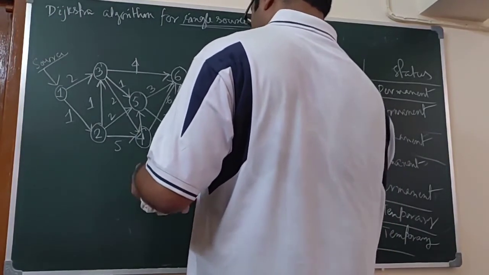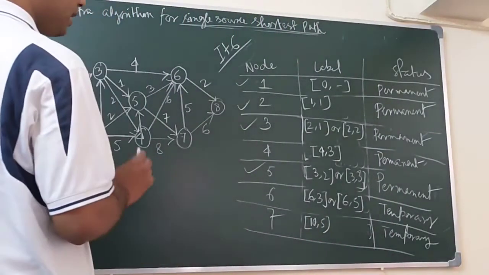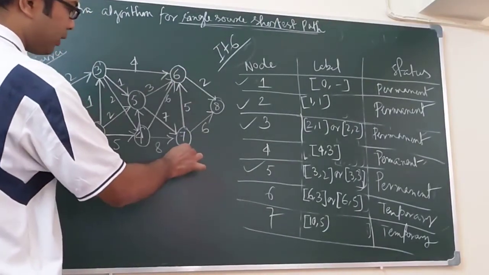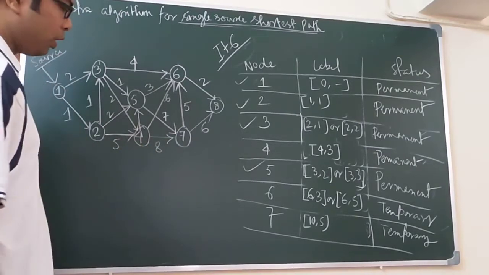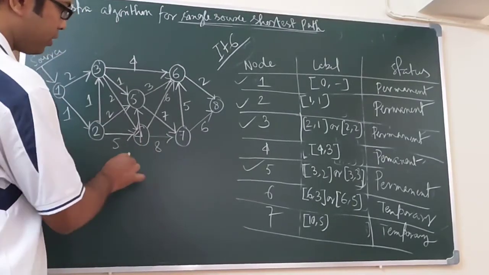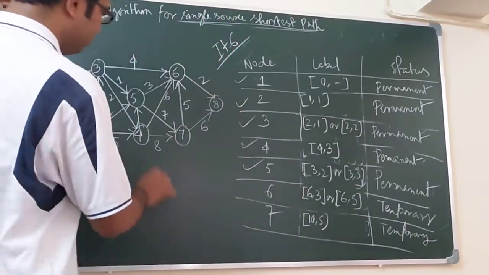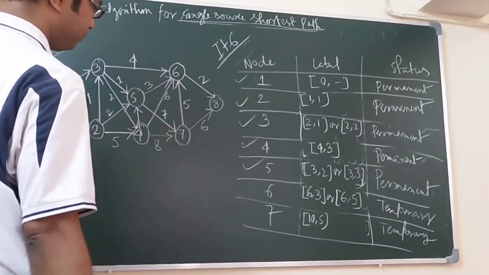Now, in this iteration 6, this 6th node and 7th node can be accessed via the 4th node. With the cost for the 4th node, the value is 4 and 4 plus 6.